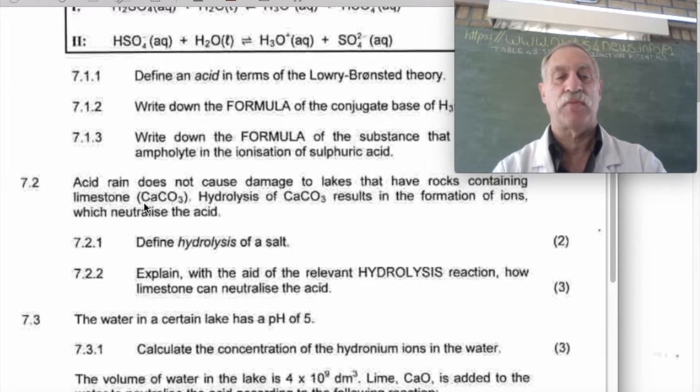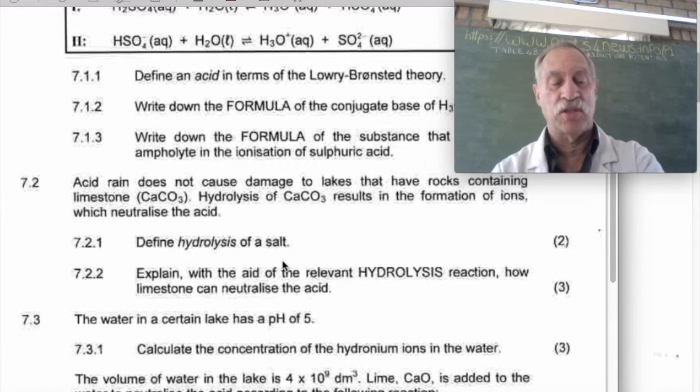So you need some way in which that calcium carbonate can form what neutralizes an acid? A base. What does a base contain? OH minus, or the hydroxyl ion. So you want to go from that calcium carbonate to, through the addition of water, they've told you, something with OH minus. So you've got to have a reaction that's got calcium carbonate, water, and OH. And let's go and look at the memo.